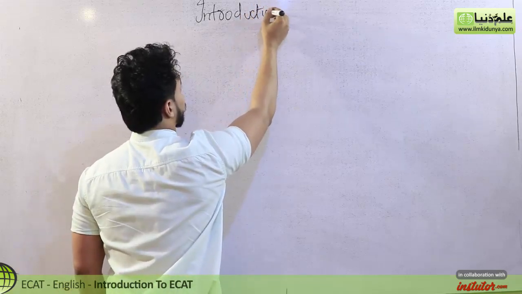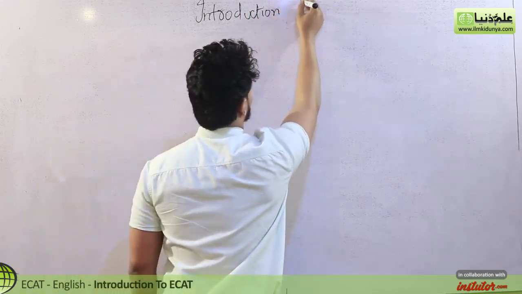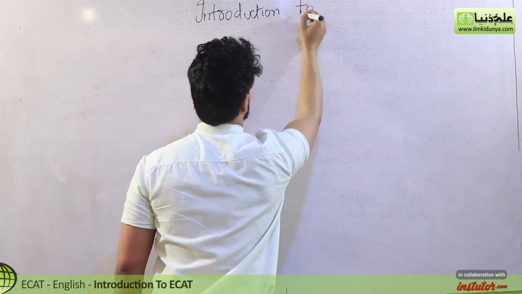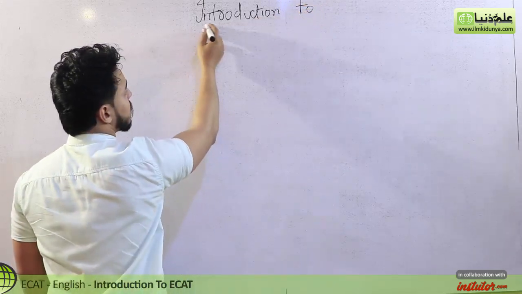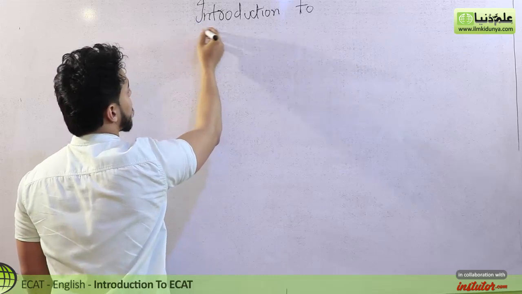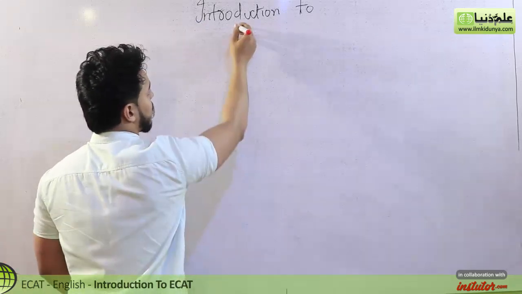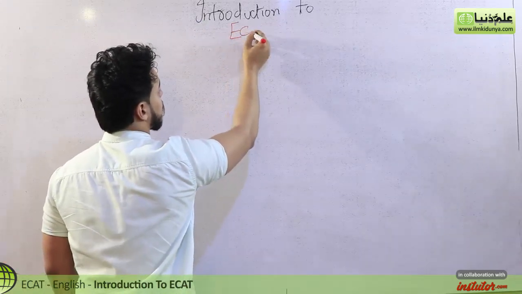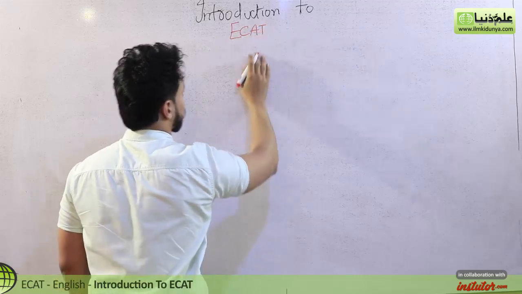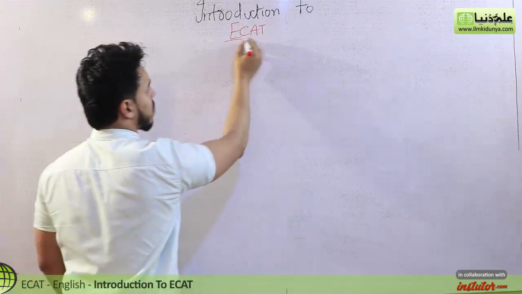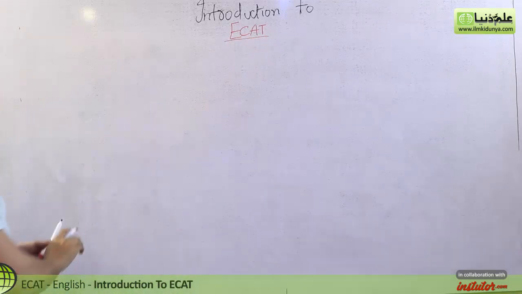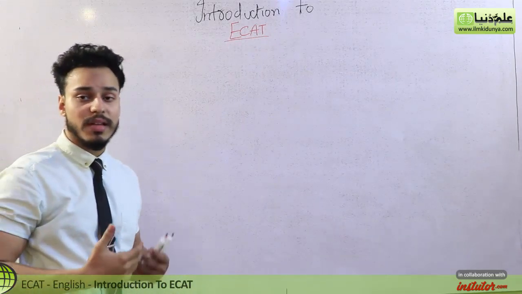ECAT basically is designed for QET, and a few other universities have their own entrance tests for engineering, and they have diverse syllabi, but the syllabus of ECAT, as far as English is concerned, is not that diverse.